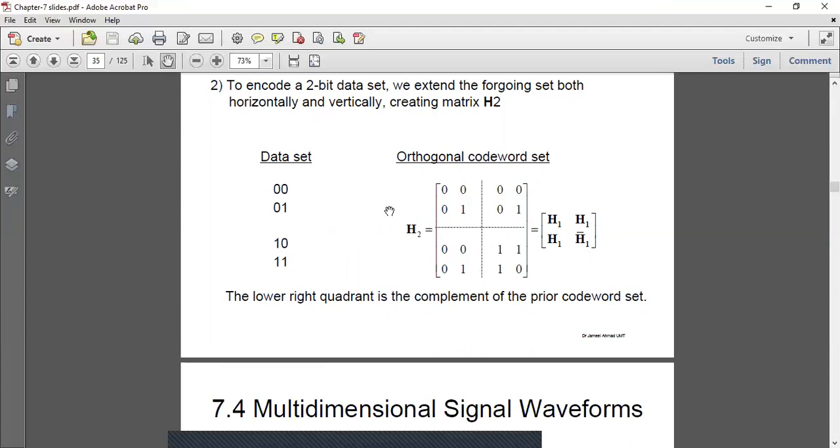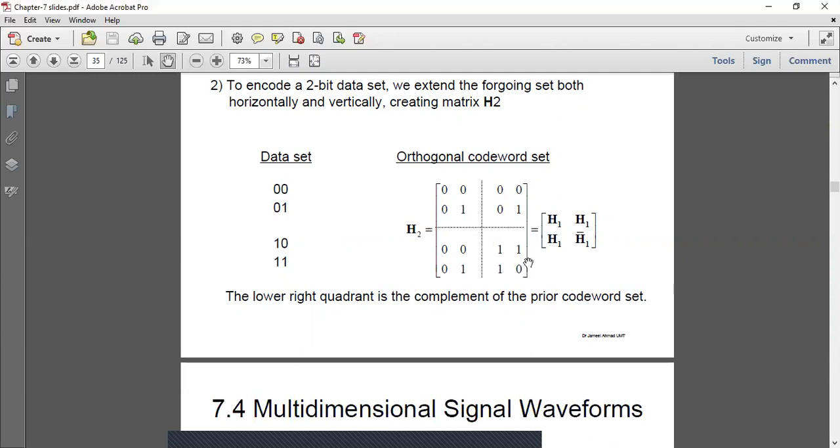If you look at this, we have H1 put over here, H1 again, H1 again, and then H1 complement. So this matrix is the complement of H1. How does it become the complement? Since this is H1, 0 becomes 1, 0 becomes 1, 0 becomes 1, and 1 becomes 0.